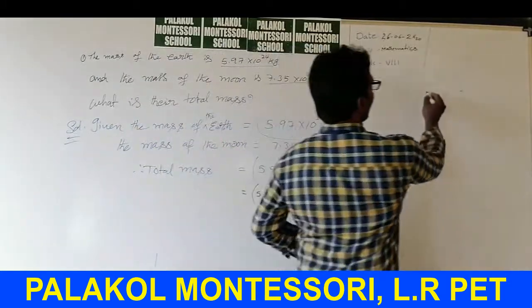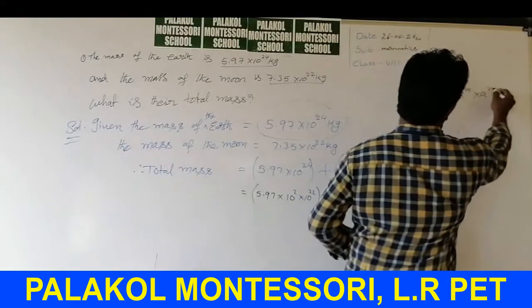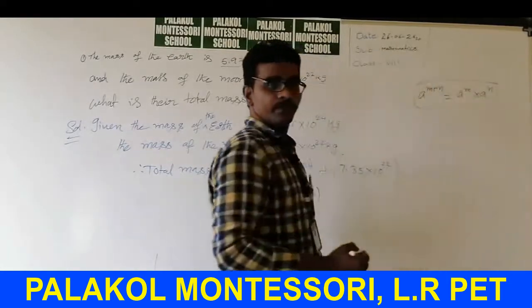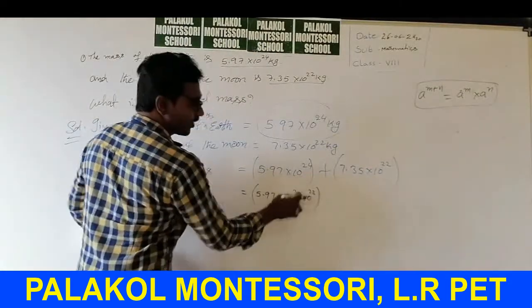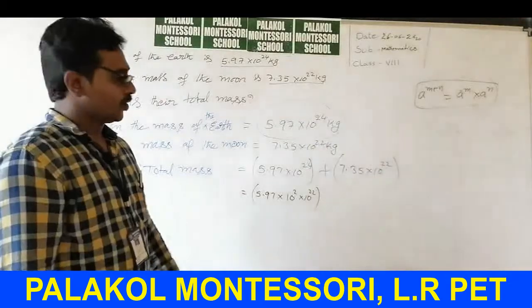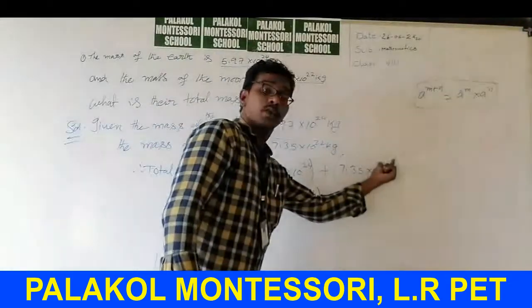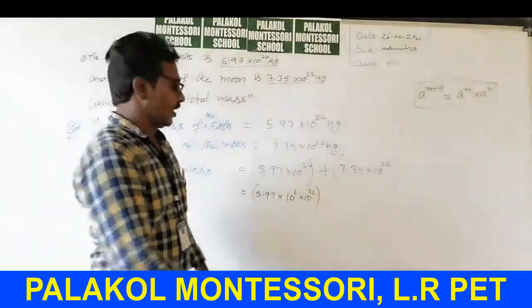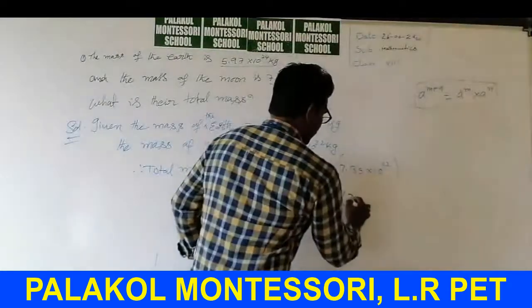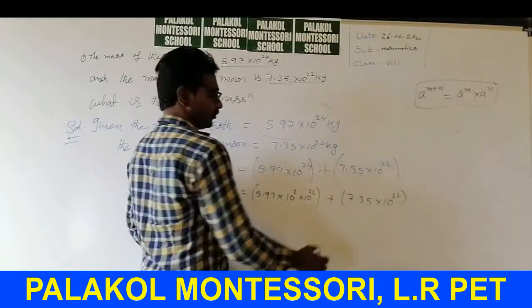You know the formula a power of m plus n equals a power of m into a power of n. So that's why I write this one 10 square into 10 to the power of 22, plus 7.35 into 10 to the power of 22, put in the brackets.